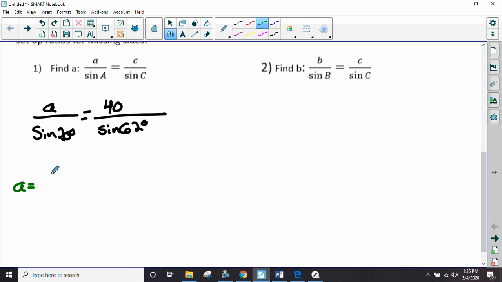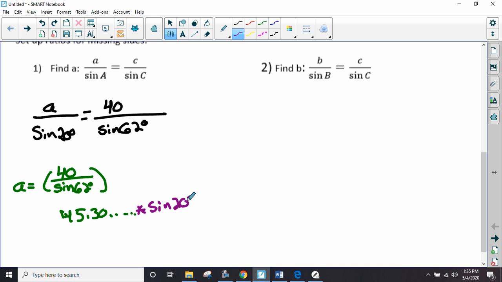So I'm going to do it like I would in the calculator: 40 over sine 62 degrees. I get 45.3, and so on. Then I'm going to multiply times sine 20 degrees.